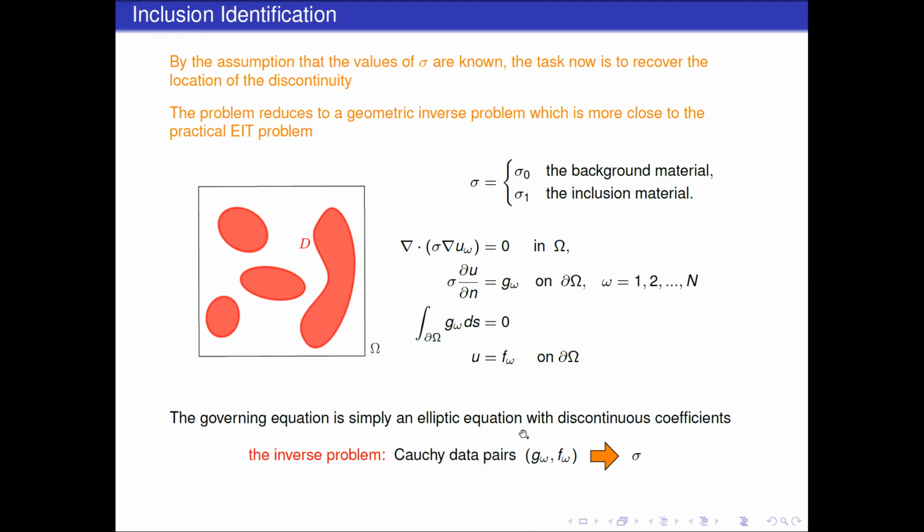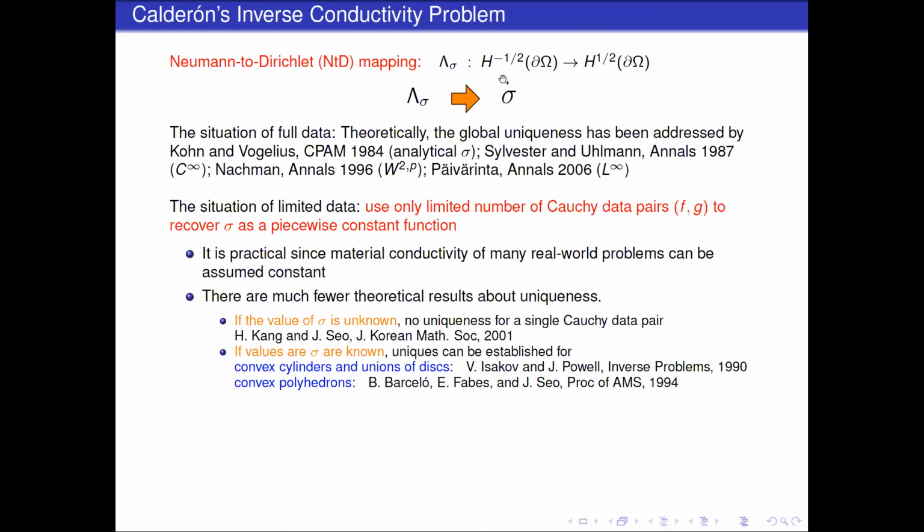We actually know multiple Cauchy data pairs in practice, and we need to use those data pairs for reconstruction of the coefficient. You must be very familiar with the relation of the inverse problem to the NtD mapping. If we know the entire mapping, we can apply it to any Neumann data and obtain the Dirichlet data. So basically, we know all the boundary data pairs.